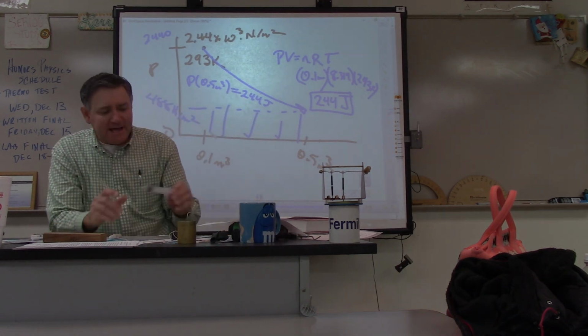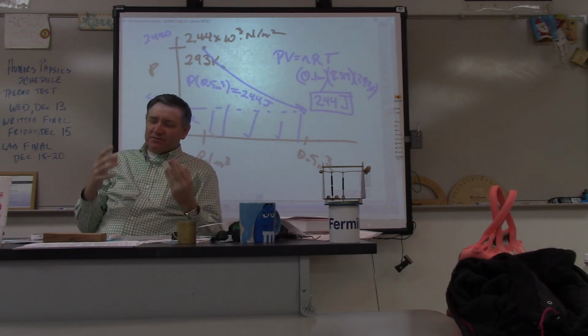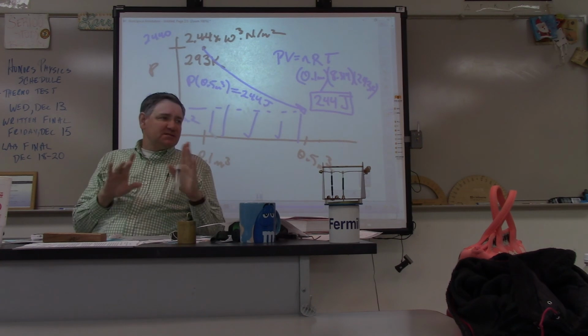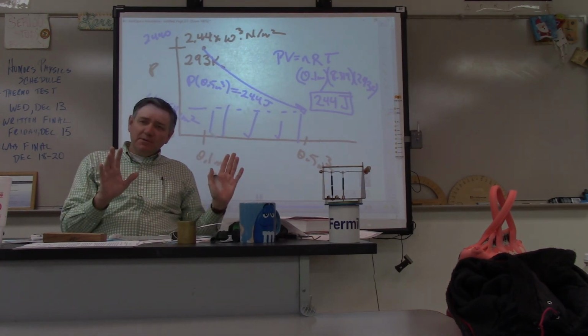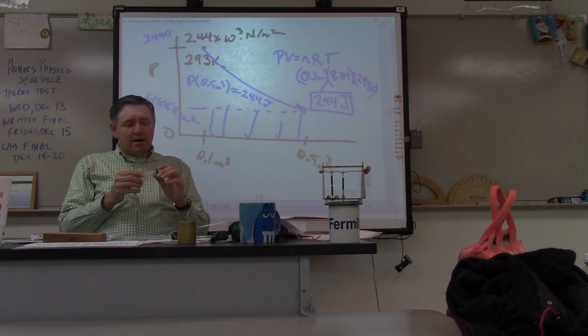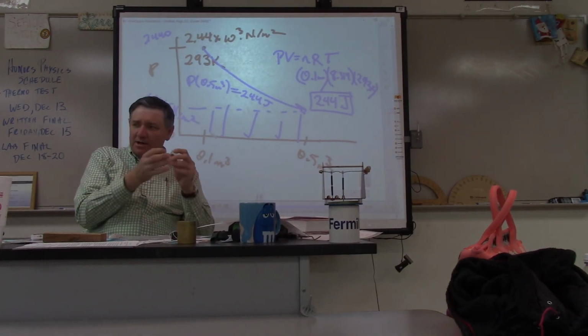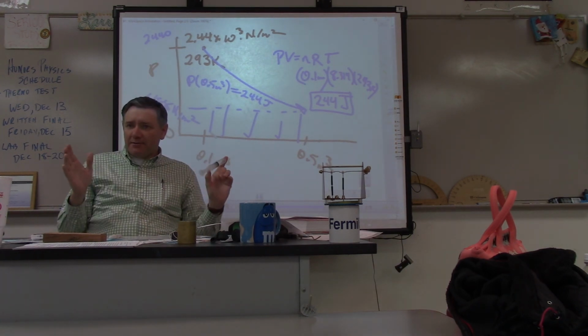So, what had to happen? This is where you have to understand this on a microscopic and macroscopic level at the same time. And like I said, this is going to seem weird and you'll say, oh my God, there's so much to think about. It's all going to be good. So what physically had to happen is that something had to push or cause this plunger to go back.